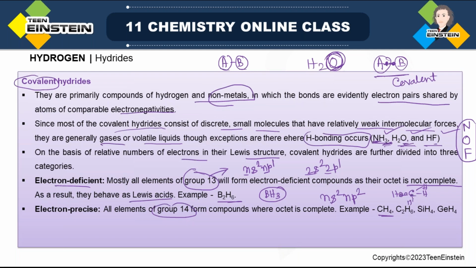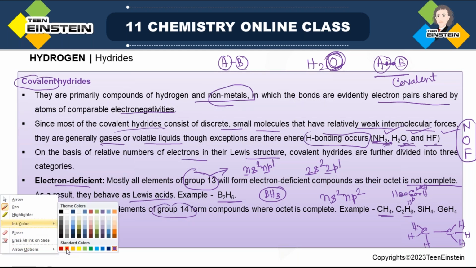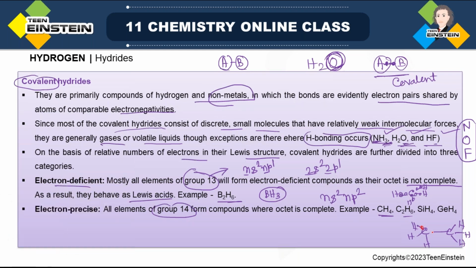Surrounding carbon there are 4 bonds, meaning 8 electrons. Similarly, you can take C2H6, which is ethane. If you focus on either carbon, you will see carbon is using its 4 electrons for bond formation with 3 C-H bonds and 1 C-C bond. But the total number of electrons is 8. So that is why their octet is complete.